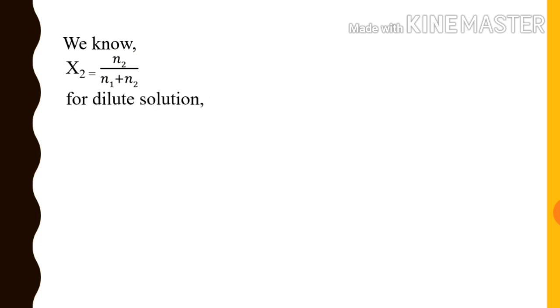For a dilute solution, n2 is very much less than n1, because we have studied the definition of a dilute solution. A dilute solution is one in which the concentration of solute particles is very less as compared to solvent molecules.